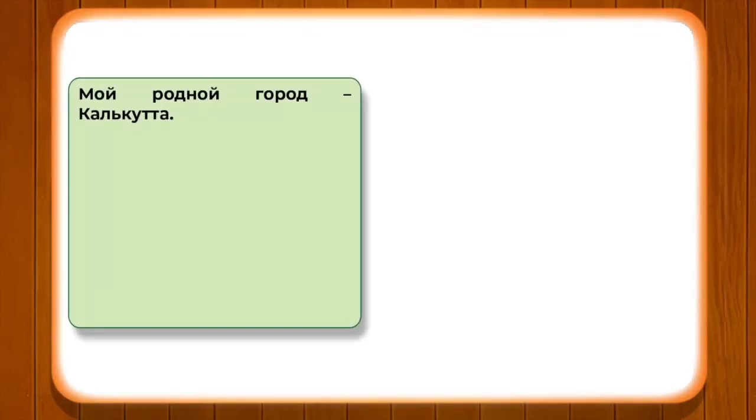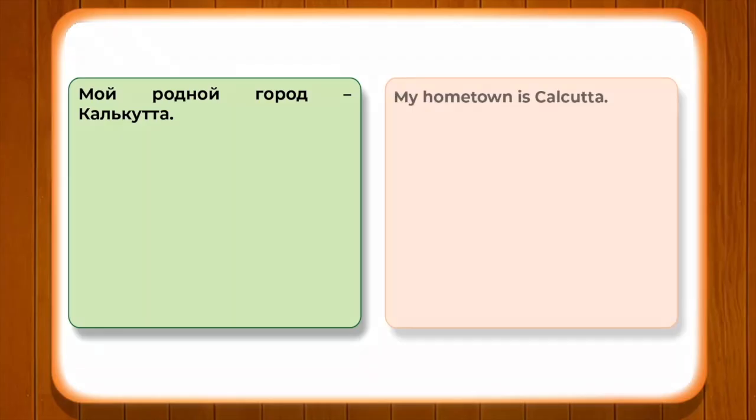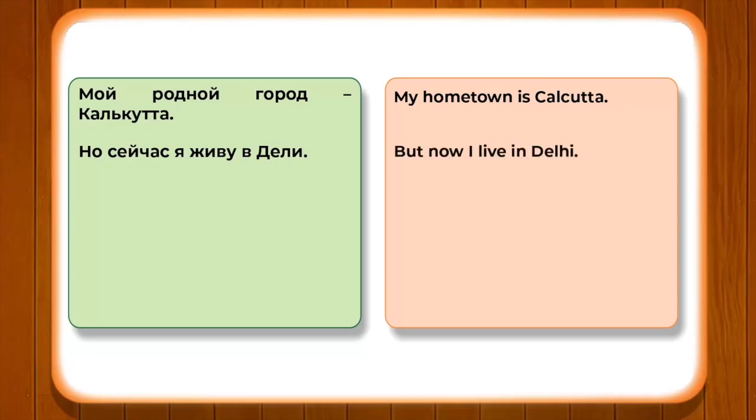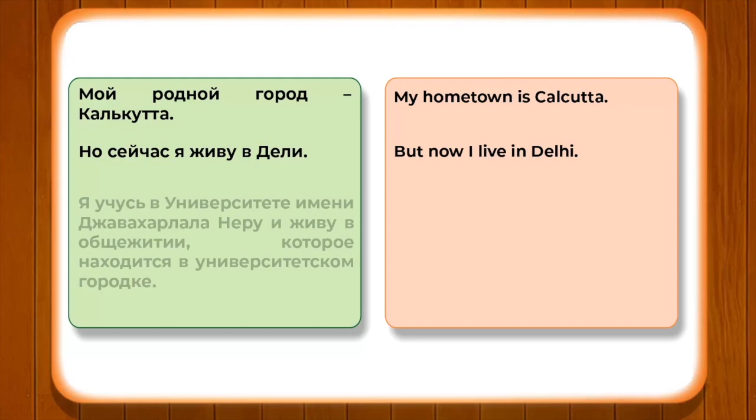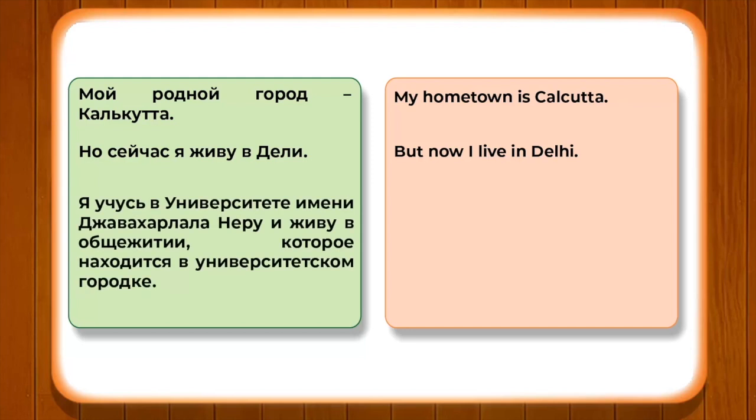Мой родной город Калкутта. My native city is Calcutta. Но сейчас я живу в Дели. But right now I live in Delhi. Я учусь в университете имени Jawaharlal Nehru. И живу в общежитии.